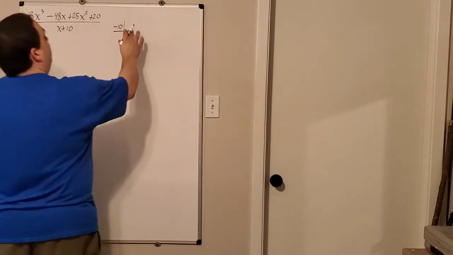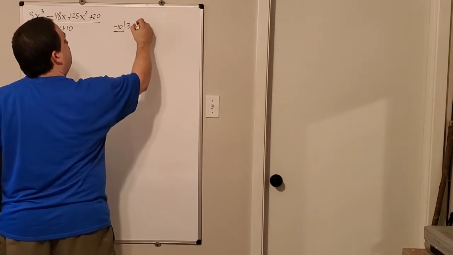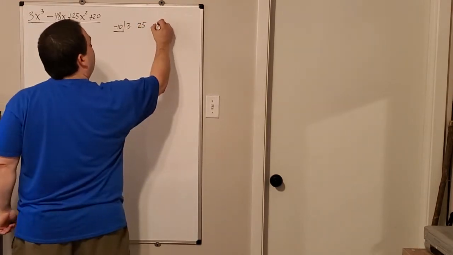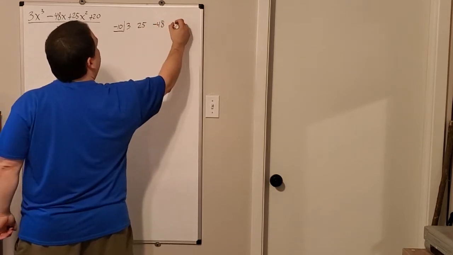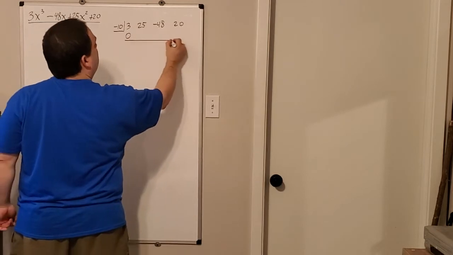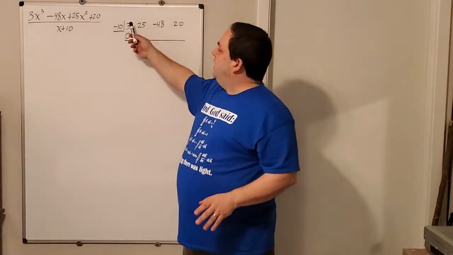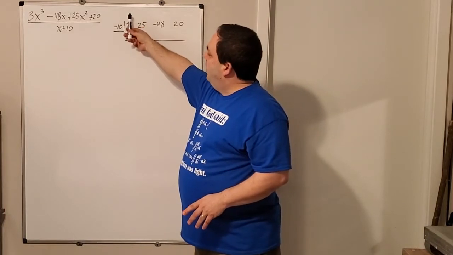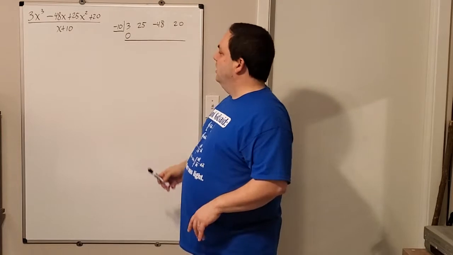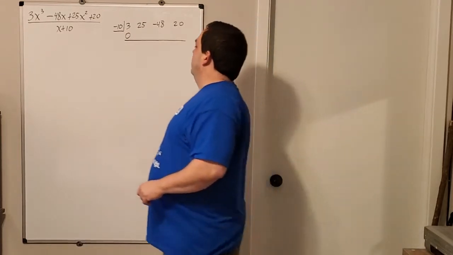And then for my coefficients over here, I've got 3, then 25, because that's x squared, then negative 48, then 20. Got my 0 here, draw my line. And don't forget, when you're writing out these coefficients, you should be able to count down. This is x to the 3 power, so I start 3, 2, 1, none, for my x powers. And that's how I know I've filled in all the spots and they're in the correct order.